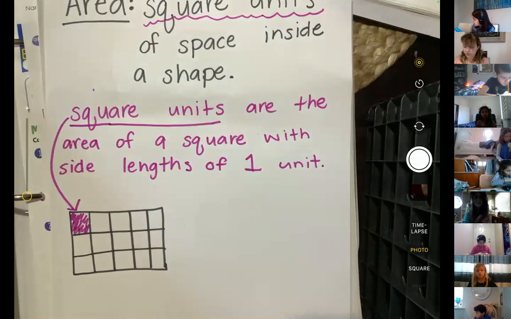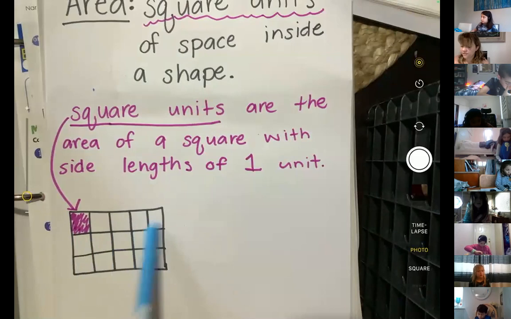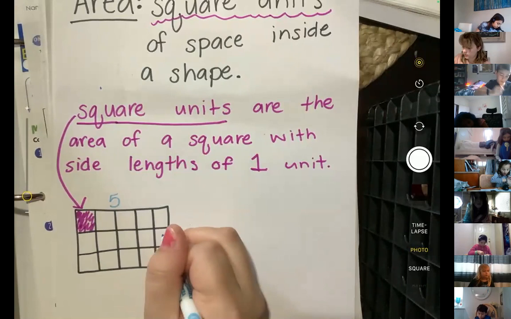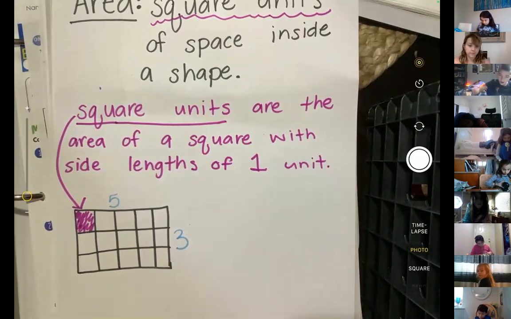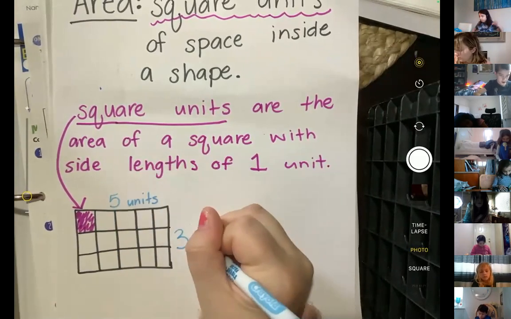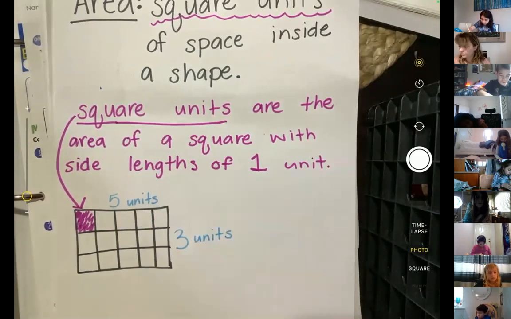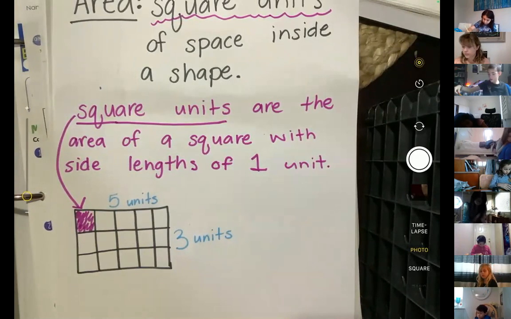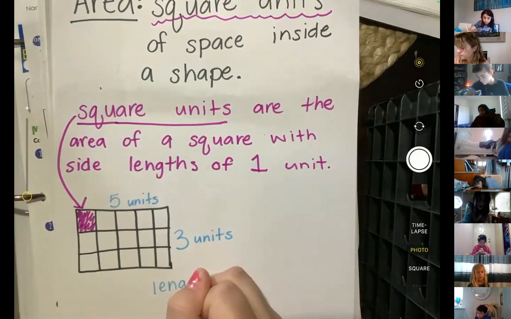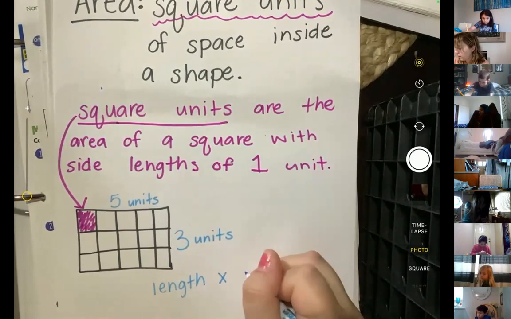So this particular shape, it has 1, 2, 3, 4, 5 there, and 1, 2, 3 here. We'll just say units. Now we're going to go into more with this, but I just want to show you. In order to find the area, you multiply length times width.